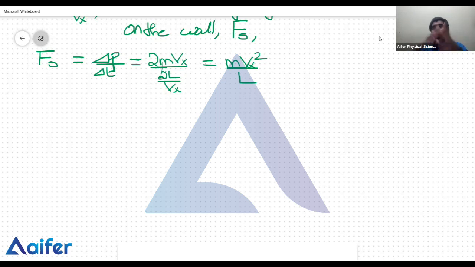So we have n molecules, right? All the molecules are moving randomly, they collide with each other, and they are colliding with the wall.